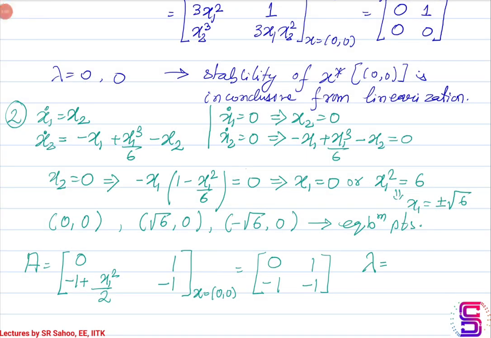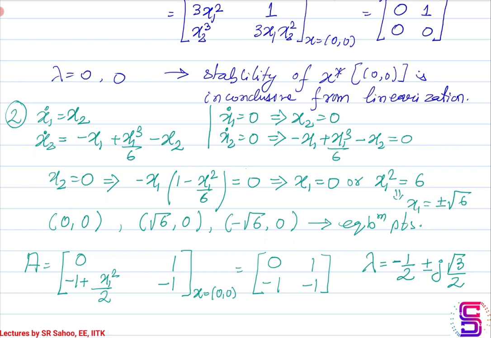And the eigenvalues would be minus half plus minus j square root of 3 by 2. So what you have here is that both the eigenvalues have negative real parts.